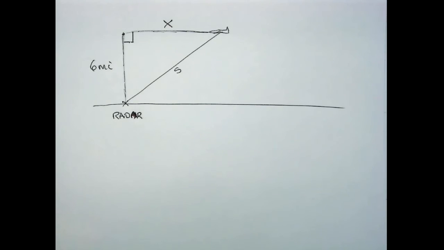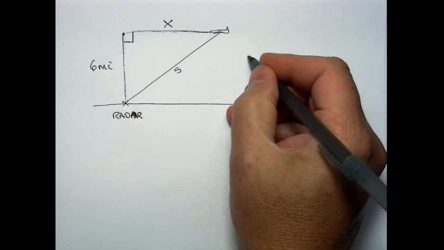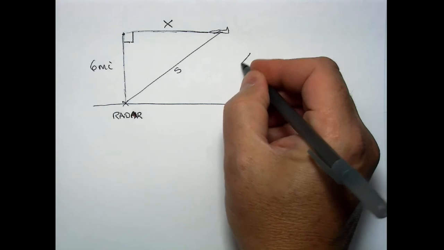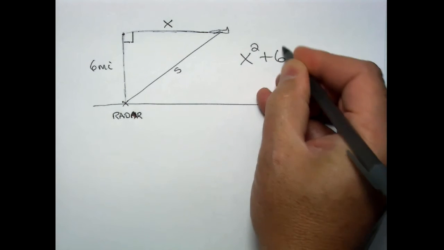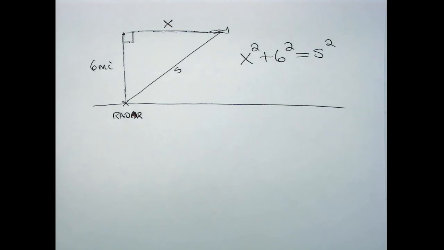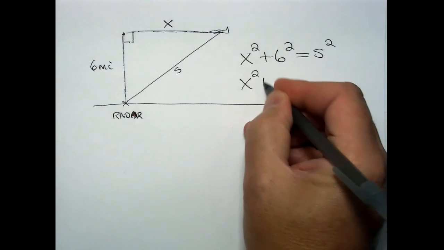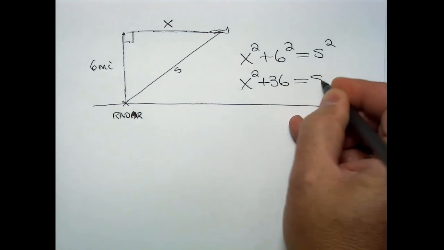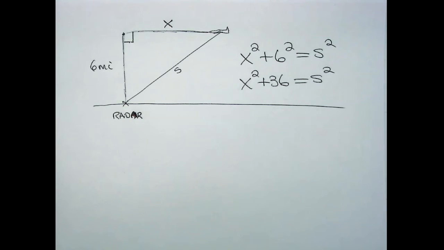Now, this leg of the triangle would be x, and I think the Pythagorean theorem would tell us the static equation that x squared plus 6 squared should be s squared. a squared plus b squared is c squared. That's the static equation. x squared plus 36 is equal to s squared.